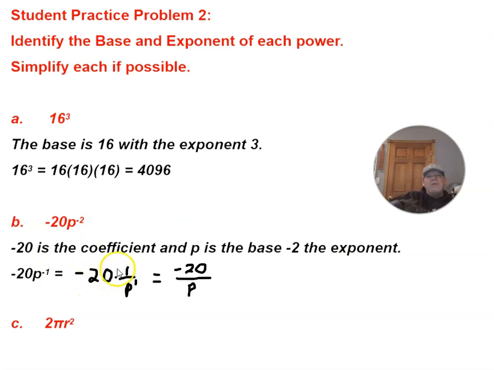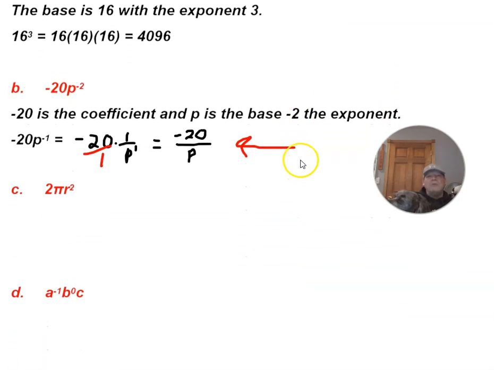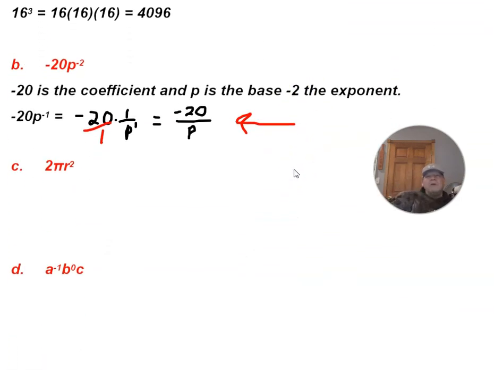Well, it equals negative 20 times 1 over p to the second, and I can put this over 1, multiply negative 20 times 1 to get my negative 20 in the numerator, over 1 times p squared. And this is your simplified answer. That is a little bit harder material than what we've been working on for this.